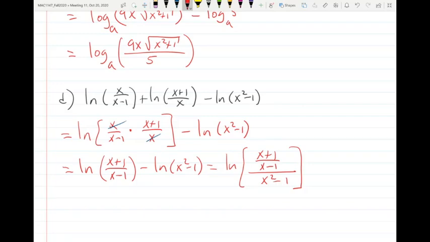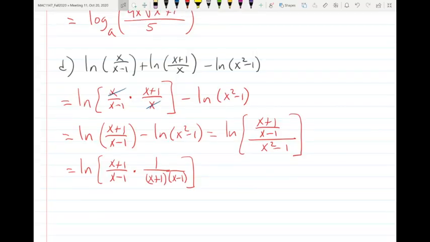And we need to simplify this. So remember that when you simplify two fractions, because you can think of this as x squared minus 1 over 1, the denominator, you multiply and you flip the second fraction. So this becomes ln of x plus 1 over x minus 1 times 1 over x squared minus 1, which I'm going to factor. Okay?